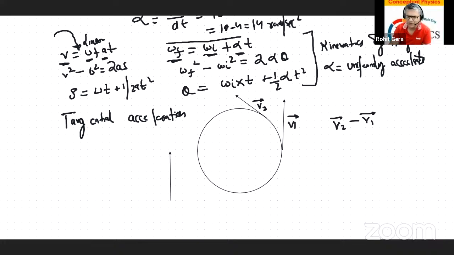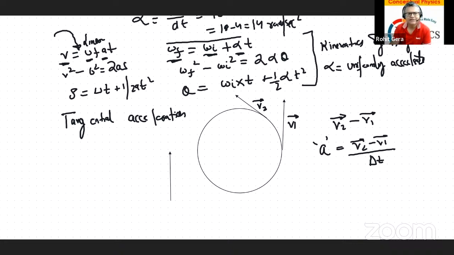Now the magnitudes are not the same, magnitudes are different. So if you do the rate of change of this, which means the acceleration due to change in the velocity, delta v by delta t, this is known as tangential acceleration.